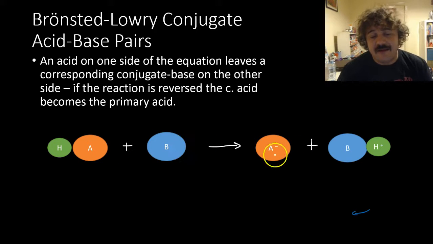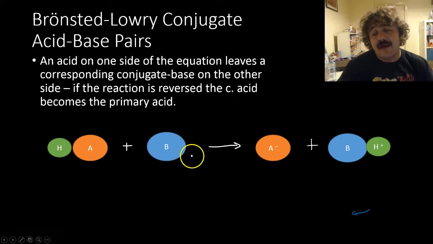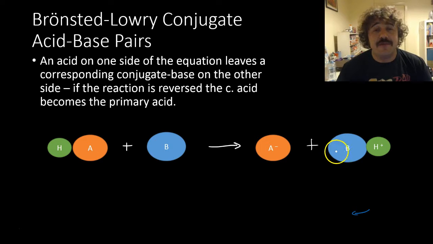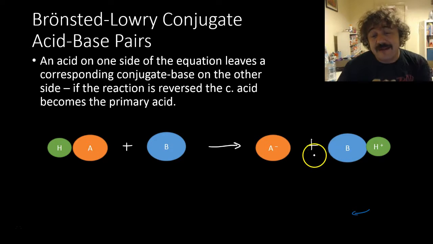Over here, you have your primary or parent base, and on this side, it becomes a conjugate acid. And what this means is, if you reverse the reaction, which in an equilibrium situation makes more sense, this conjugate acid over here will become the primary acid because it's got a proton here to donate.